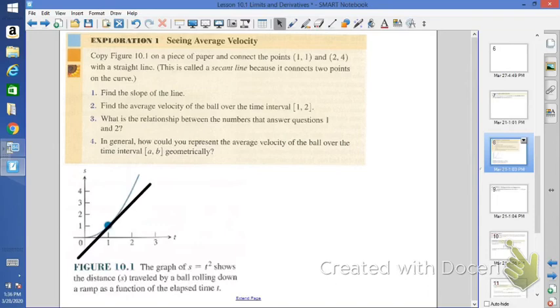That's better. Okay, so the tangent line intersects the graph at (1, 1) at only that point. So you can see that I'd have to go up 2 over 1. So the slope would be 2.